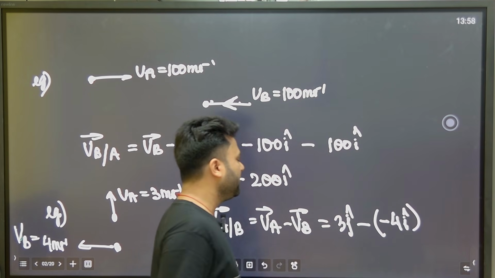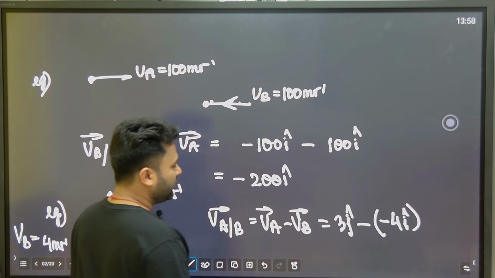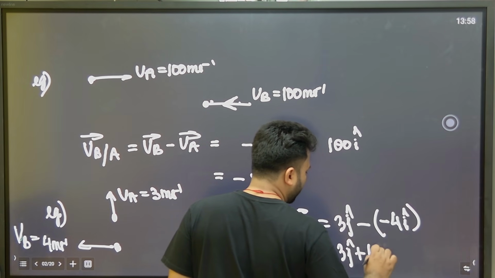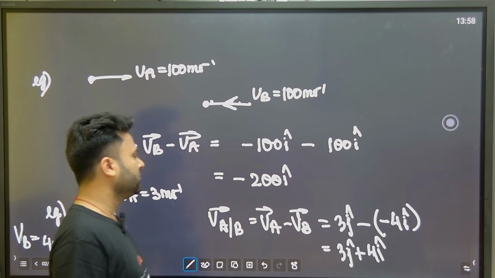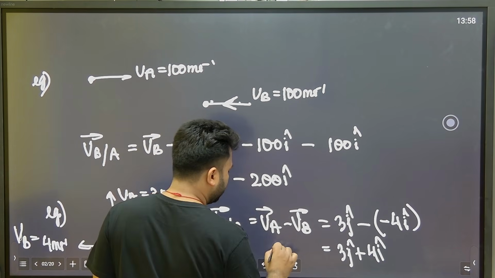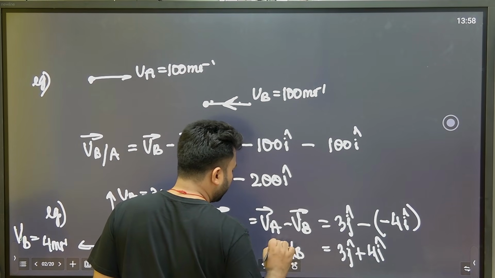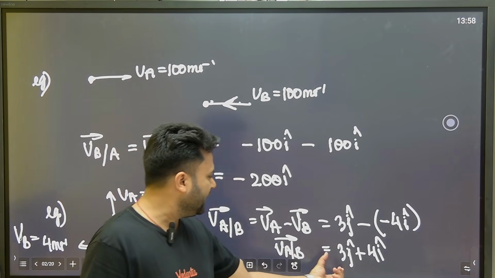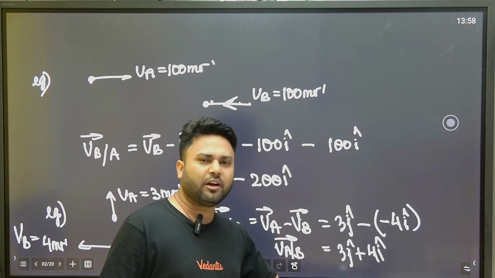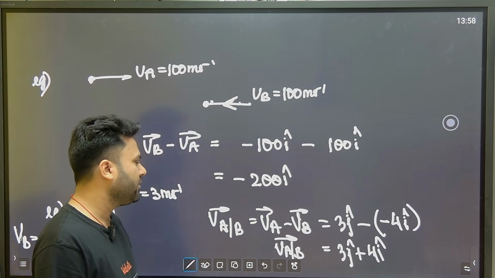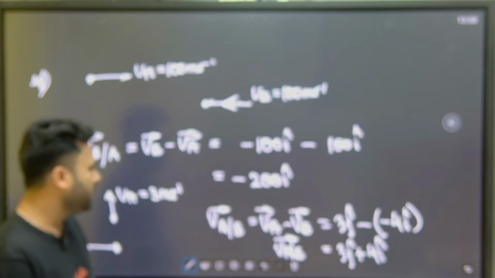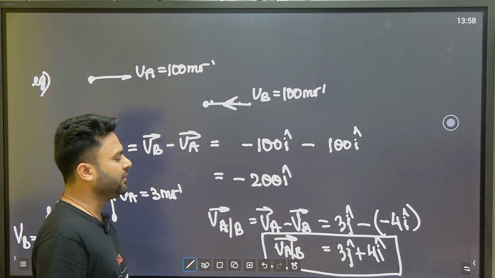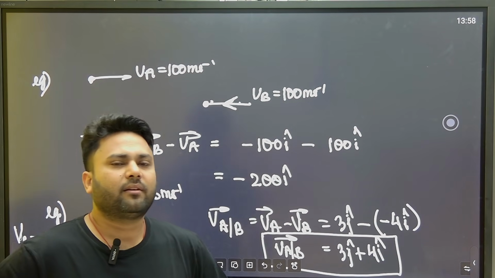So 3 j cap minus minus, plus 4 i cap. This is the velocity of A with respect to B. If someone asks the magnitude of any vector, you can calculate under root 3 square plus 4 square, that is 5. Okay, but this is the velocity of A with respect to B. Correct?